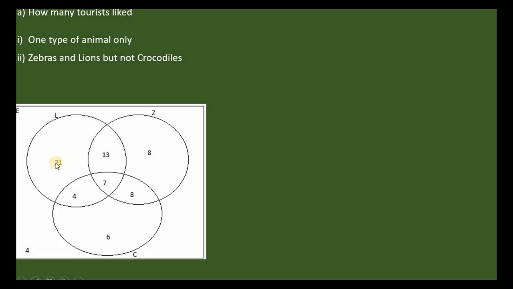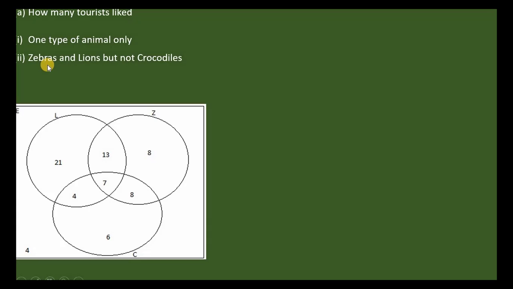And if you get 7, then it means you are getting those who watched all the 3 types of animals. Or if you get 4 here, then it means you are getting those who watched lions and crocodiles. But the question says we should find those who watched one type of animal only. And in this case, it's 21 plus 8 plus 6. That is for the first part.